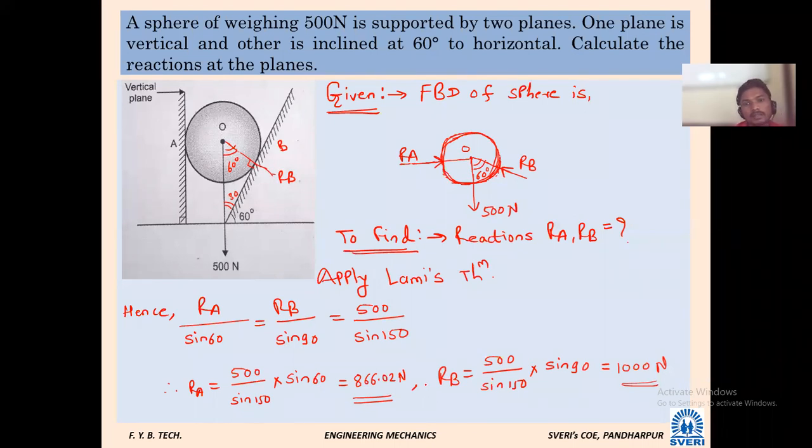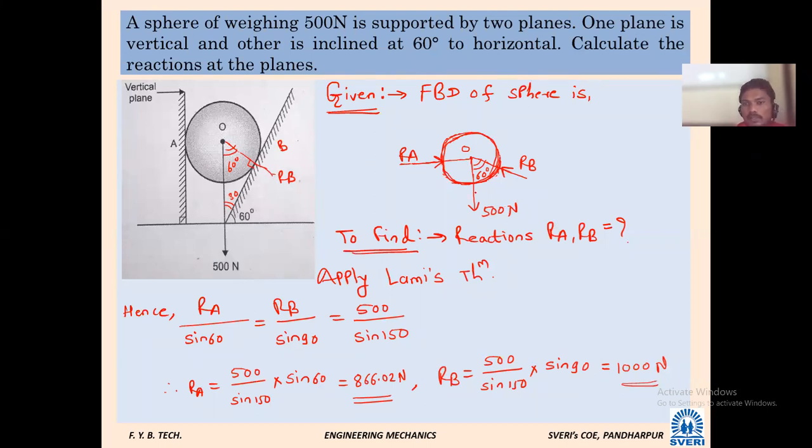Here, it is not the case that only Lami's theorem applies. If there are three forces, you can also apply the conditions of equilibrium. So shall we cross verify here? Suppose I want to find RB without applying Lami's theorem.